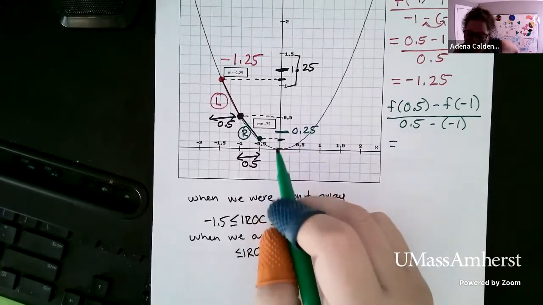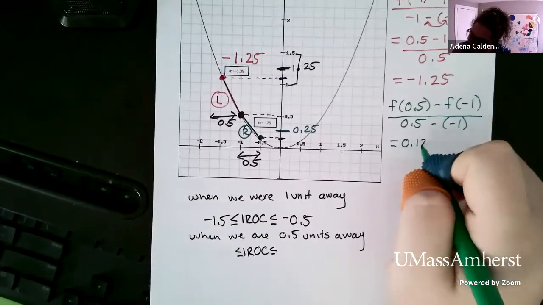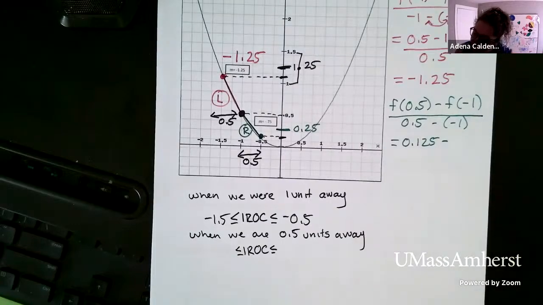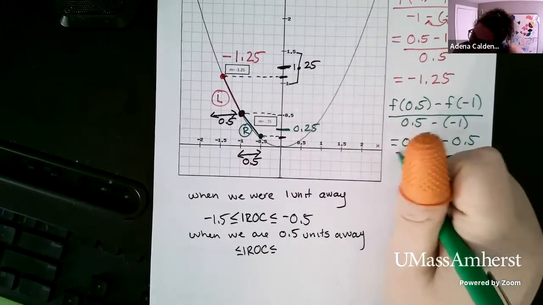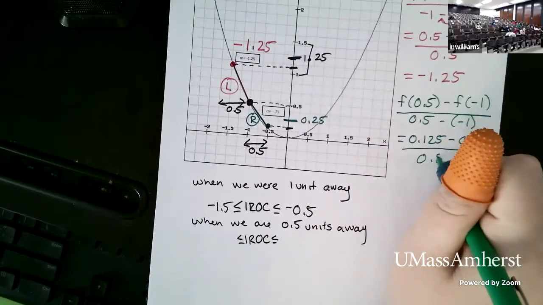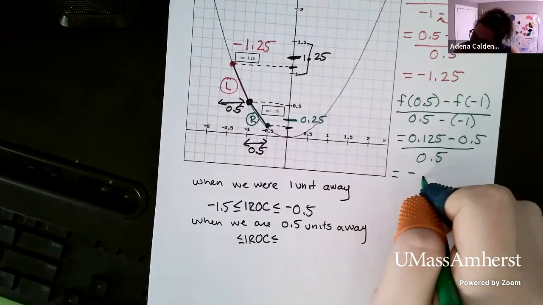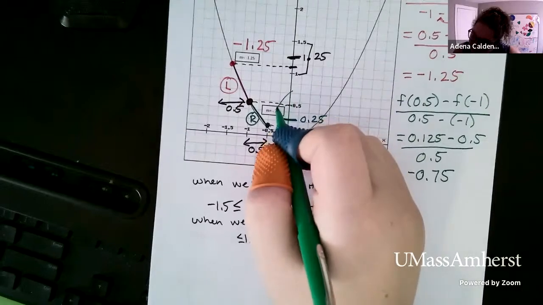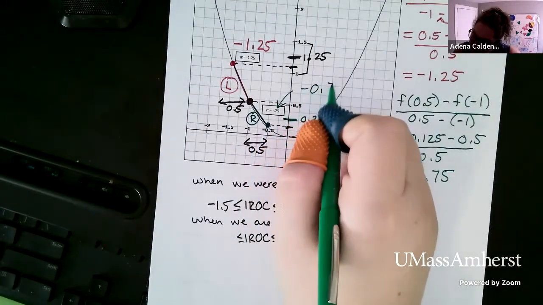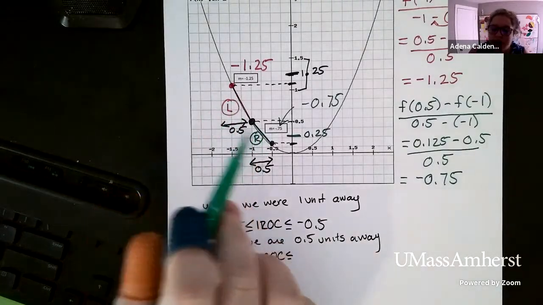And it looked like it was about halfway between those two. So I use 0.125 minus, and then we know at negative 1, it's 0.5, all divided by 0.5. Okay, so when I crunch that number, I get negative 0.75.